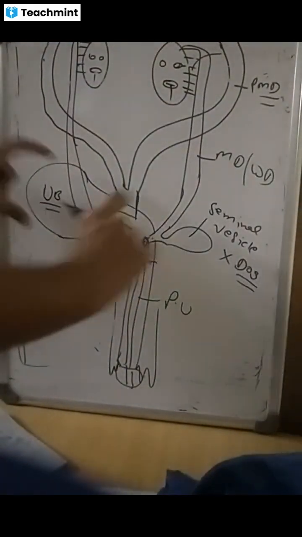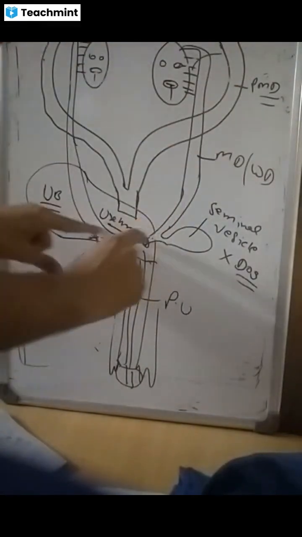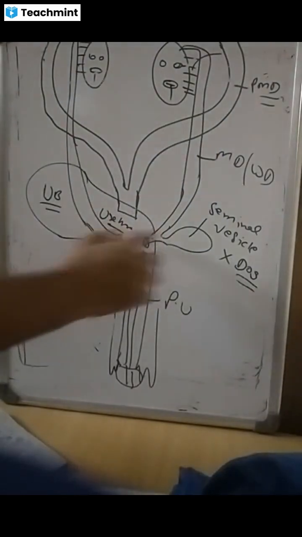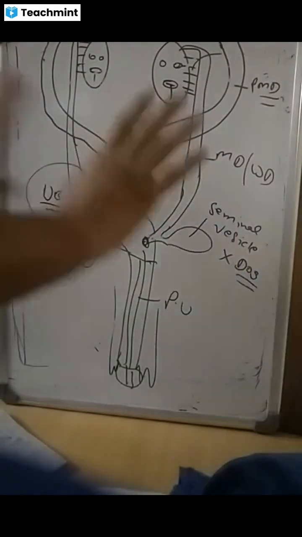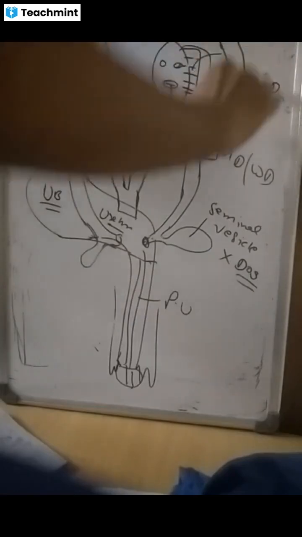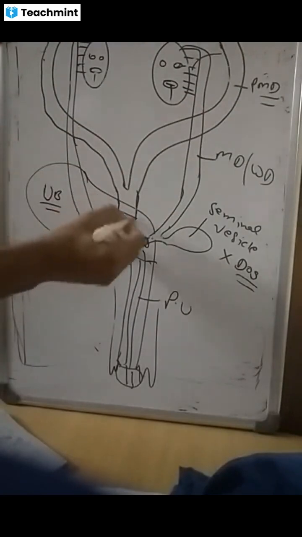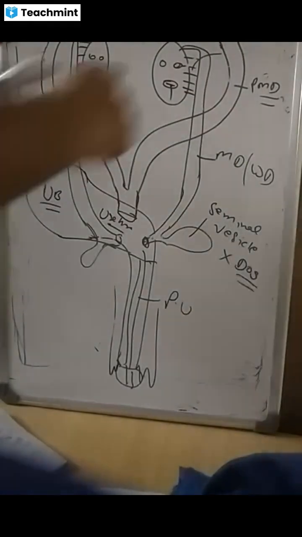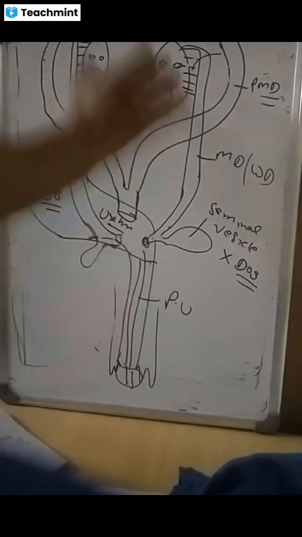So this was the urogenital sinus. These are gonads, testes. From these the mesonephric duct comes to the urogenital sinus. Before entry, they evaginate and give the seminal vesicle. Similarly, the paramesonephric duct comes to the urogenital sinus and will open here. Then these testes descend down.